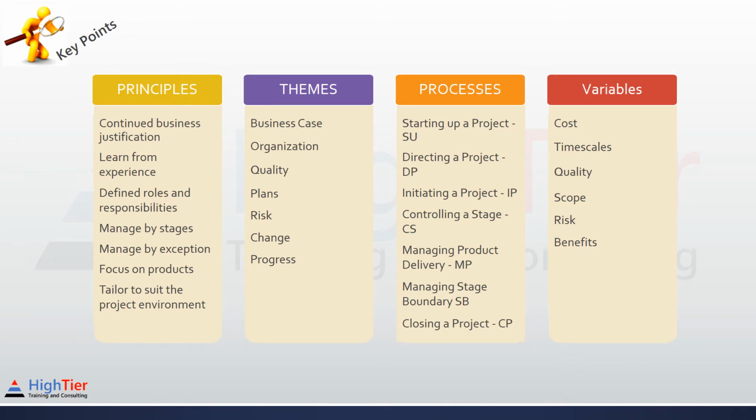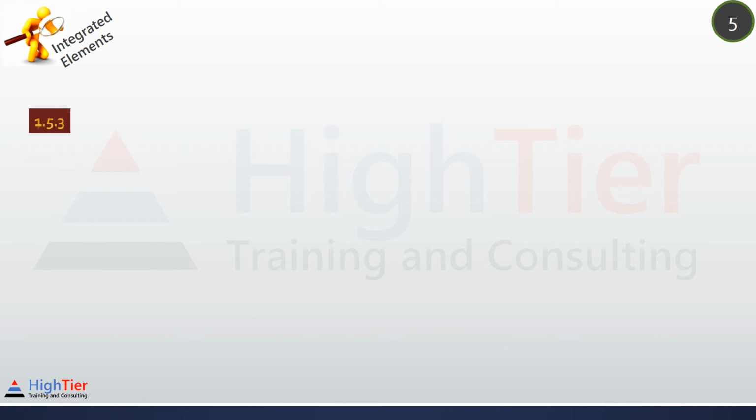Key points to remember. As the exam is multiple choice, there is no need to memorize, but it is important that you are aware of the 7 principles, 7 themes, 7 processes, and 6 aspects of project performance or variables. Integrated elements.